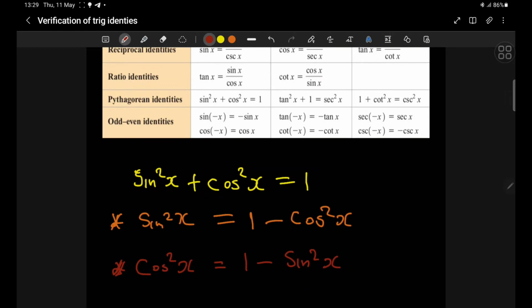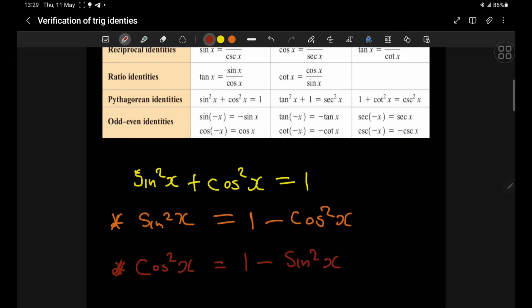Now, if we were to talk about guidelines that should help us in verifying identities, I can only mention two things. One is that whenever we're given a question that you need to resolve, one of the things you should look for is which side is more complicated. Is it the left-hand side or the right-hand side?